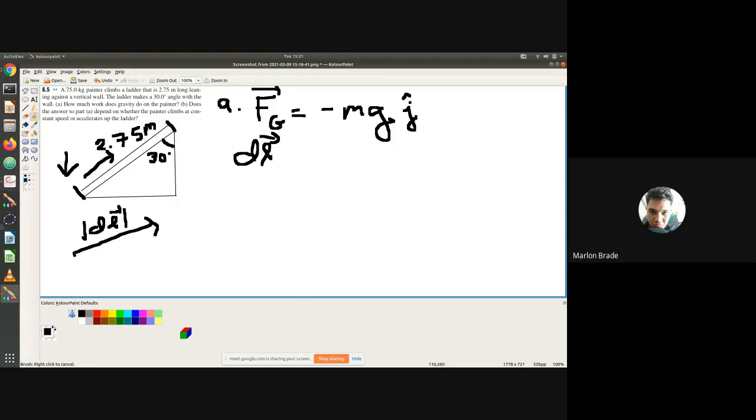So if we project it onto the y-axis or the x-axis, this is theta.